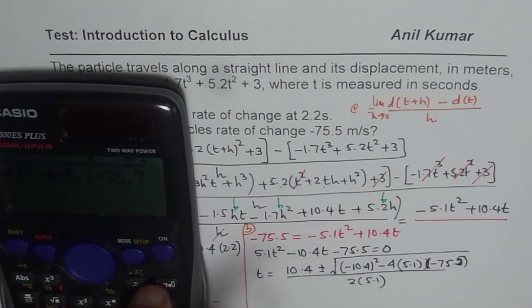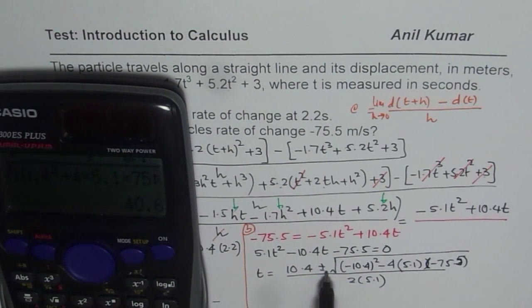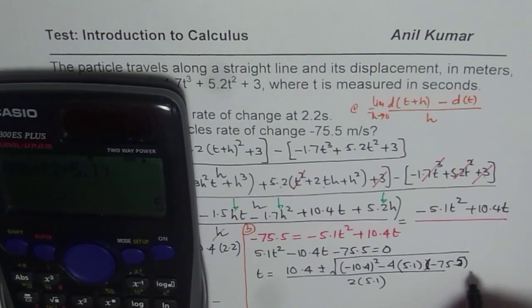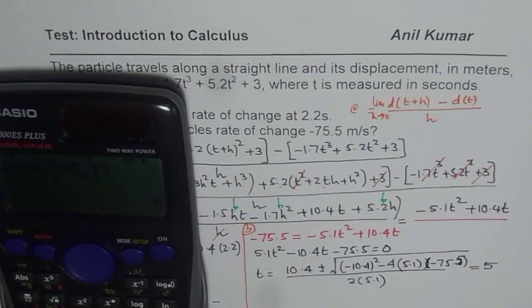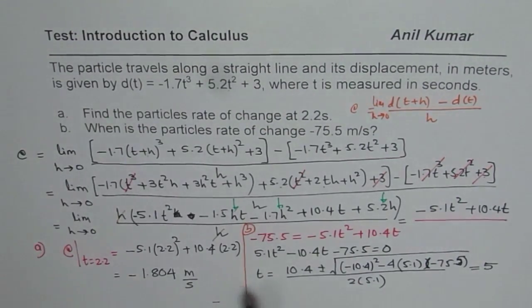Let's say equal to, so we get a number which is approximately 40. Since the number is bigger, we'll add 10.4, right? So we'll plus 10.4, divided by, within brackets, 2 times 5.1, equal to. We get answer as 5, right? So do all this calculation, so we get time t equals 5.